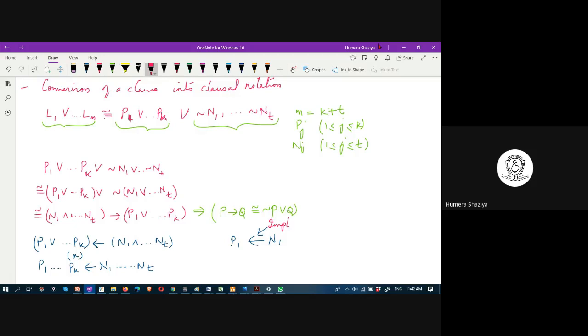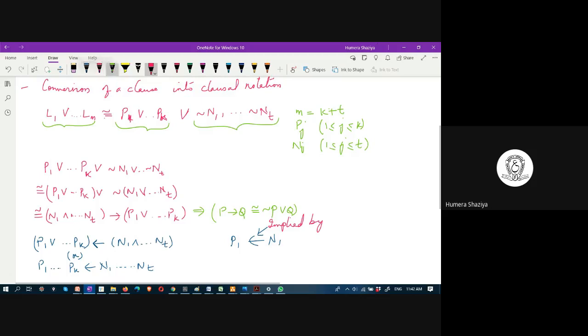In forward direction, it is implies. In backward direction, it is implied by. N is known as antecedent and P is known as consequent when it is in this format.